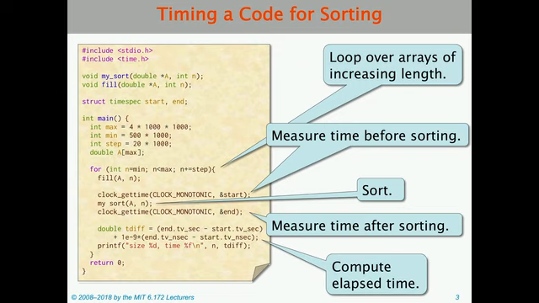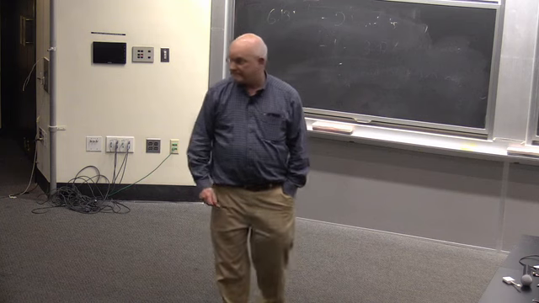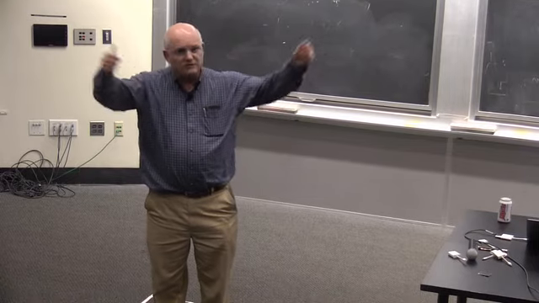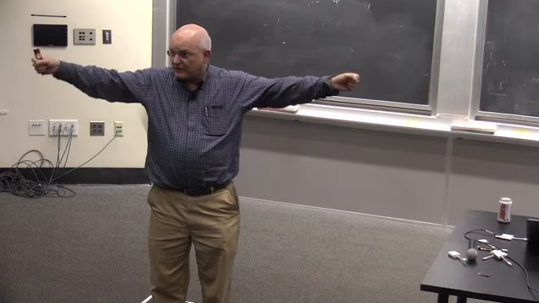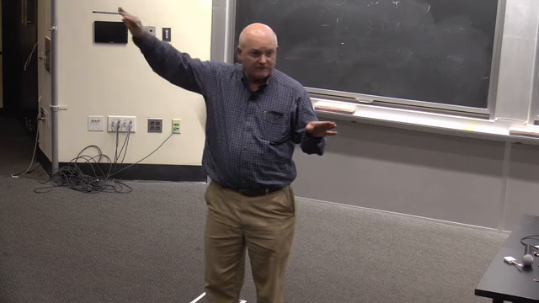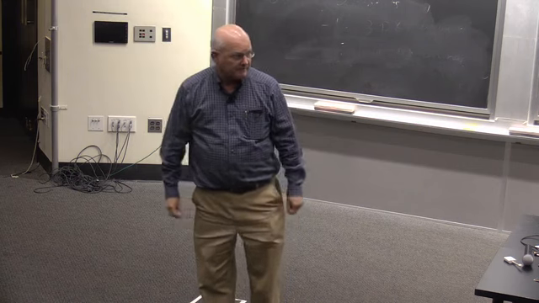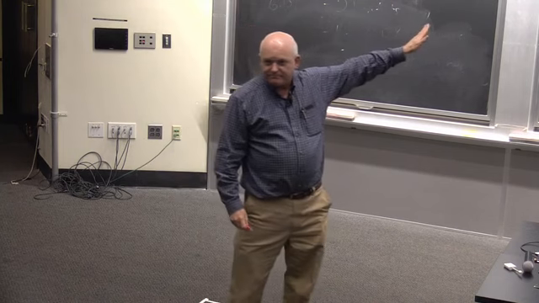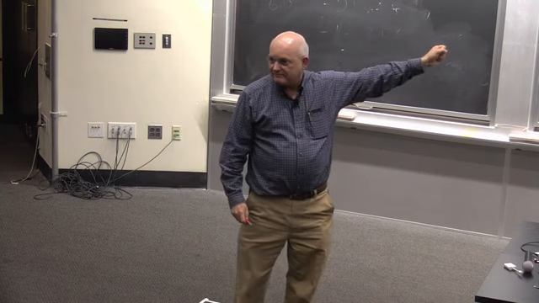And then we do it again for a little bit larger array. So is that clear what's going on? We're just sorting a bunch of numbers, and we're sorting some bigger ones, sorting some bigger ones, so we can see what the growth of the sorting routine should be. Do people have a pretty good understanding of what the code does?